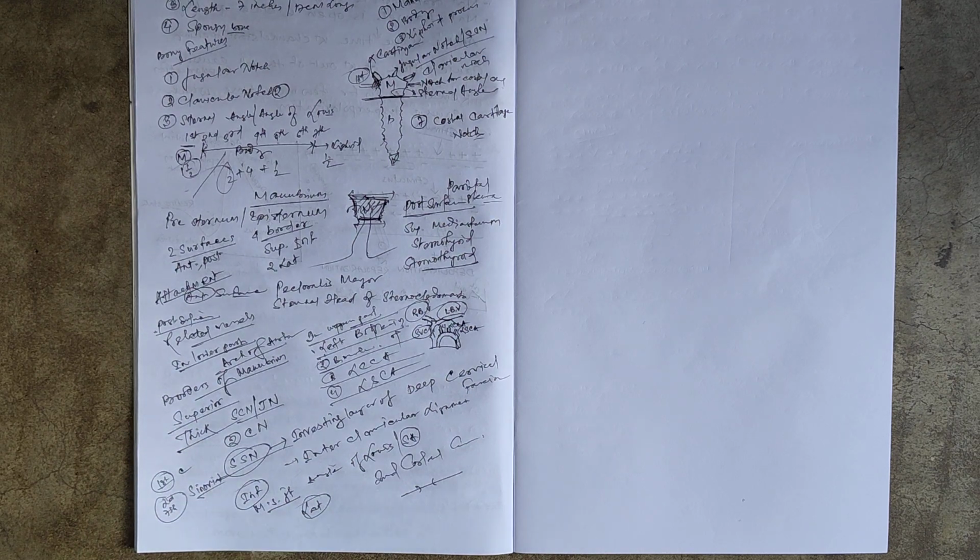You must remember it because it may be asked in your viva exam: tell the difference between the costal cartilage joints with the sternum. So only the first one is cartilaginous, and the second, third, fourth, fifth, sixth and seventh are synovial joints.